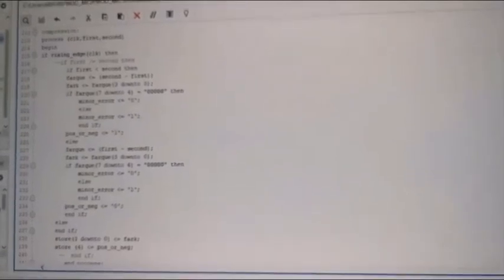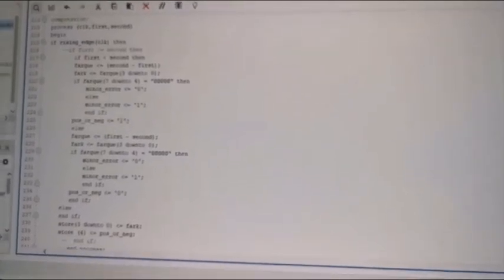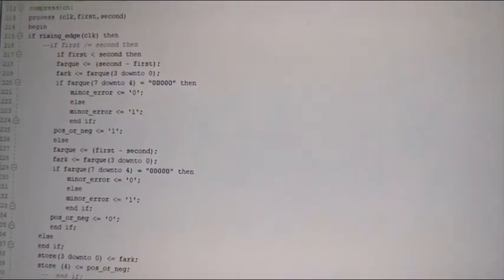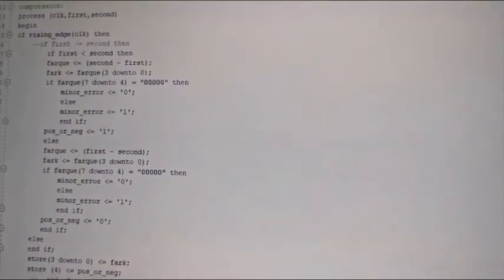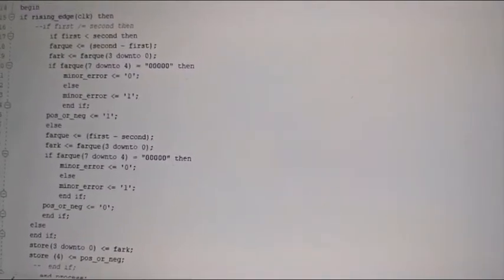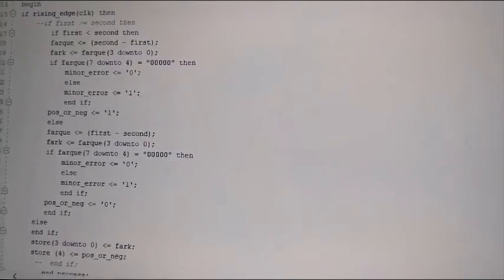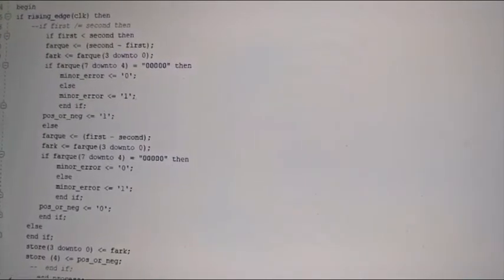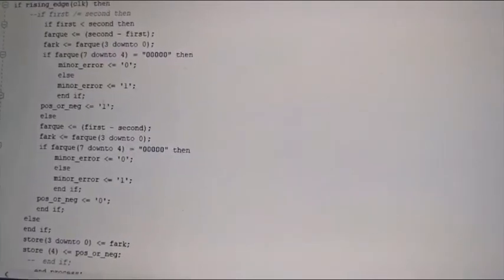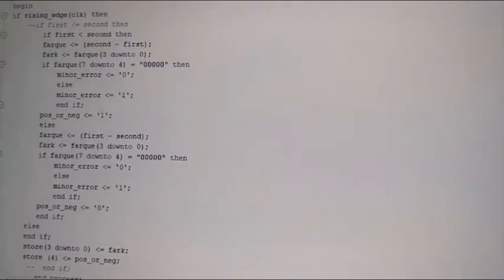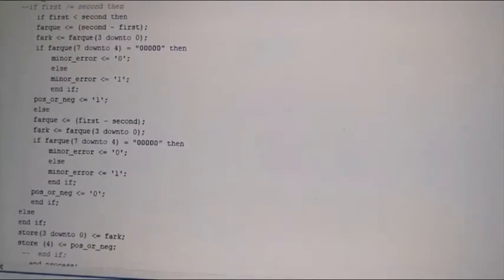If the first one is greater than the second one, I set 1 for the adding operation, and if it's less, then the second one is going to be subtracted from the first one, and the most significant bit is going to be 0. So instead of storing 8 bits of data, I stored only 5 bits.